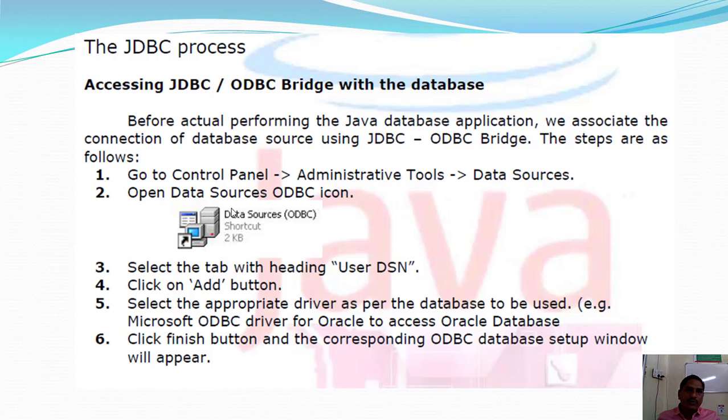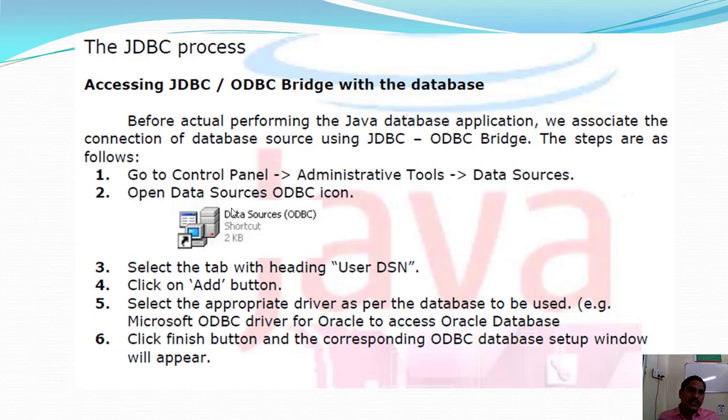Before performing the actual Java database application, we establish the connection to the database source using the JDBC ODBC bridge. These are the steps we need to follow. Everyone keep these steps properly, study these steps.